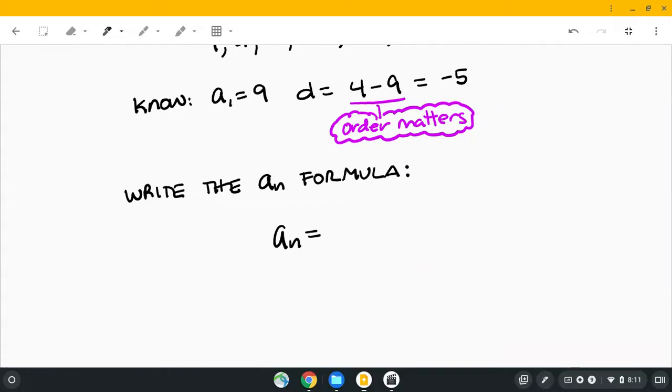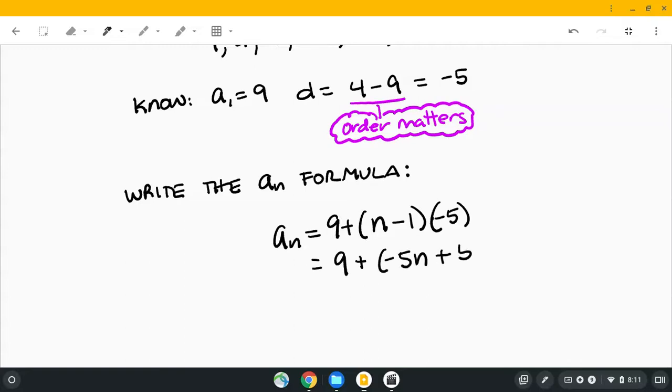AN equals 9 plus N minus 1 times D. D is negative 5. If we work this out, we get 9 plus negative 5N plus 5, and I get 14 minus 5N.